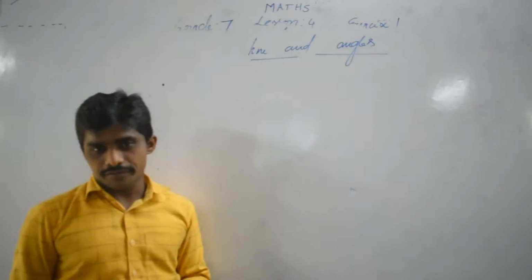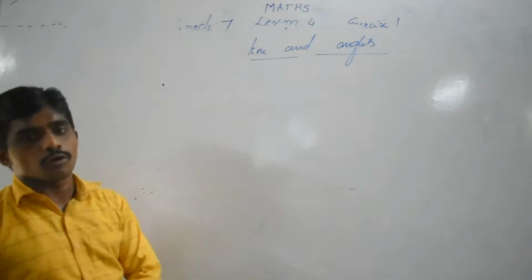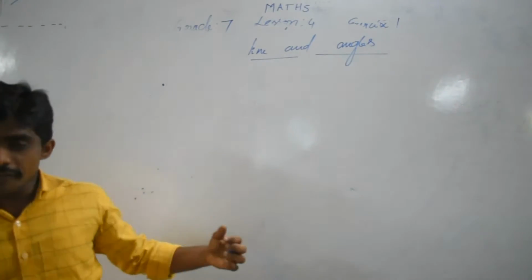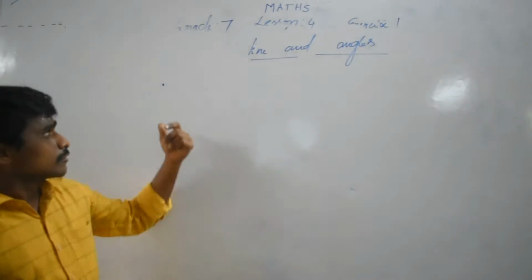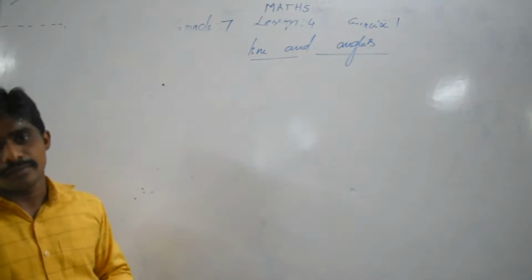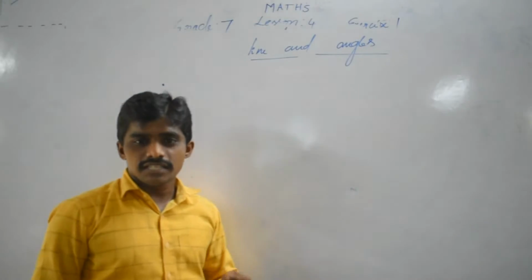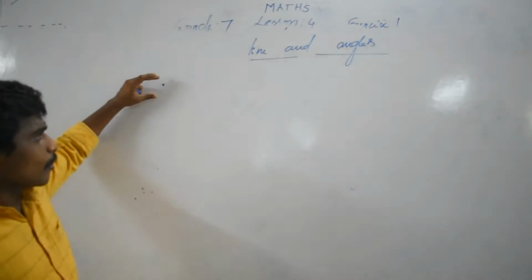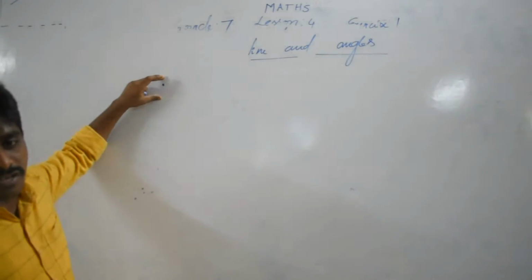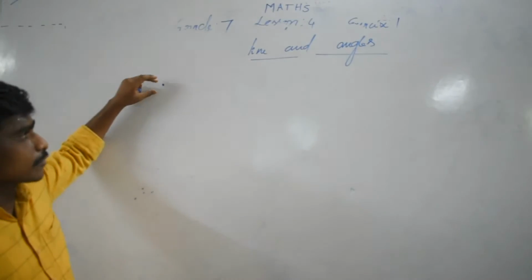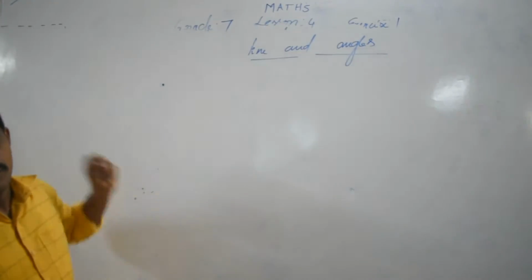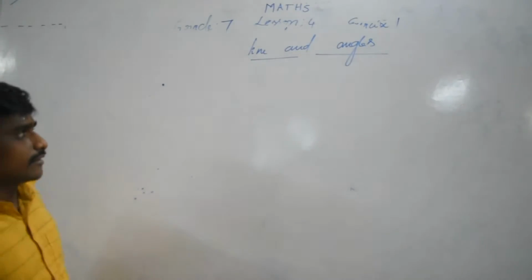This is a point. Actually this is a dot, and this dot we call a point. This point has no length, no breadth, no width. It just shows an exact location. So this is a point.